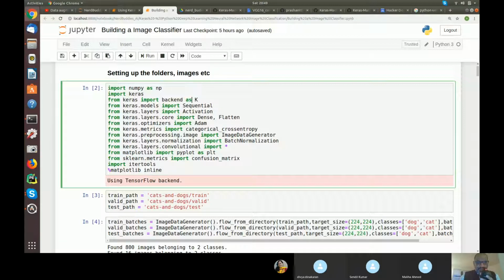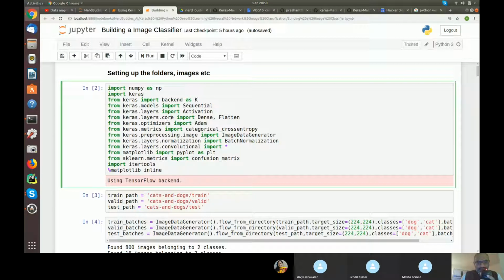So from Keras, we're importing some more things. Under models, we'll be building sequential models. Essentially, neural networks are a series of layers, and we'll be adding layers to the model in a sequence. So that's why it's sequential. Then we'll be using a couple of activation functions, mainly softmax and relu.